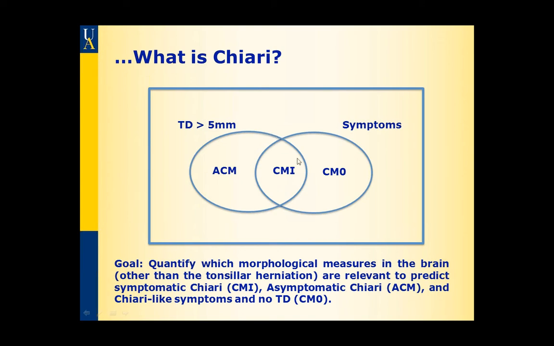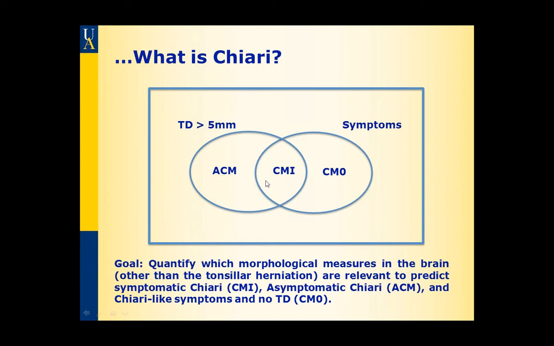Here, the set on the left is the tonsillar descent, people who have a tonsillar descent of greater than 5 millimeters. And this set here is formed by people with Chiari-like symptoms. The intersection is what we really call Chiari patients.